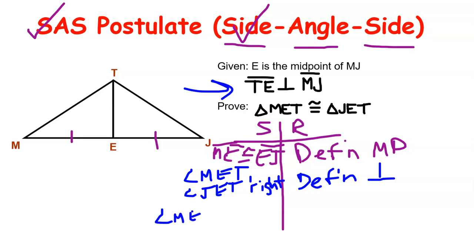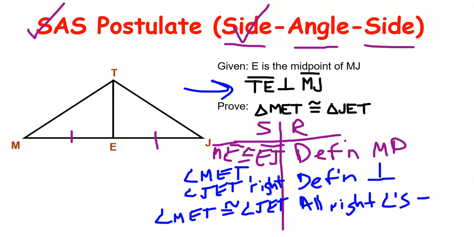Notice we have to use all three letters here because there are multiple angles around E. And why are they congruent? Well, because they're both 90 degrees, and that's because all right angles are congruent. Great. So now we have a side, an angle, and now if we're going to use side angle side, then the other segment that is used to create angles MET and JET needs to be congruent to each other, and then we have side angle side.